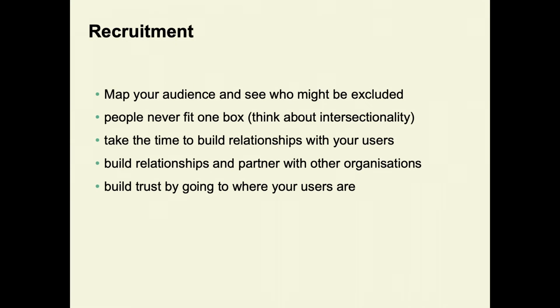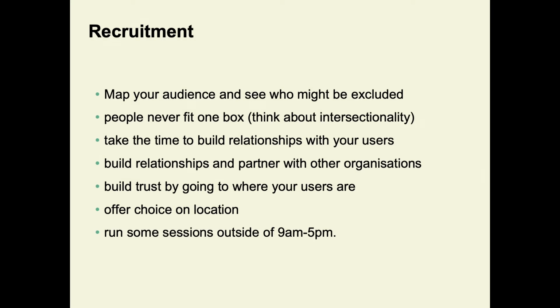It can be just understanding the context. It's a good idea to offer choice on location, and also run some sessions outside of the 9 to 5. A lot of people are working 9 to 5. It will depend on your audience, but it's a good idea to give some slots before 9 and after 5, so we give people the opportunity to come and speak to us.